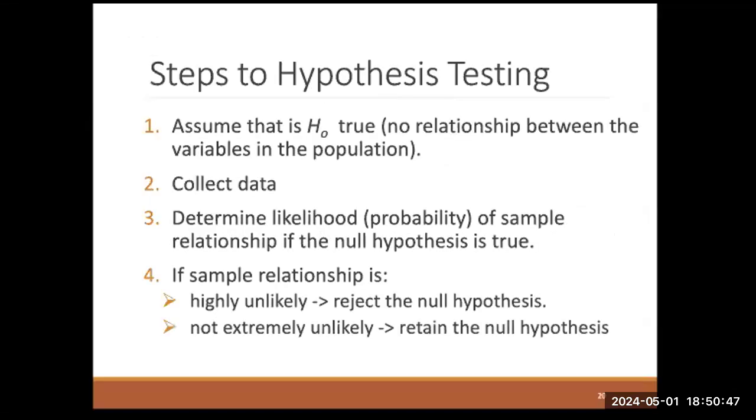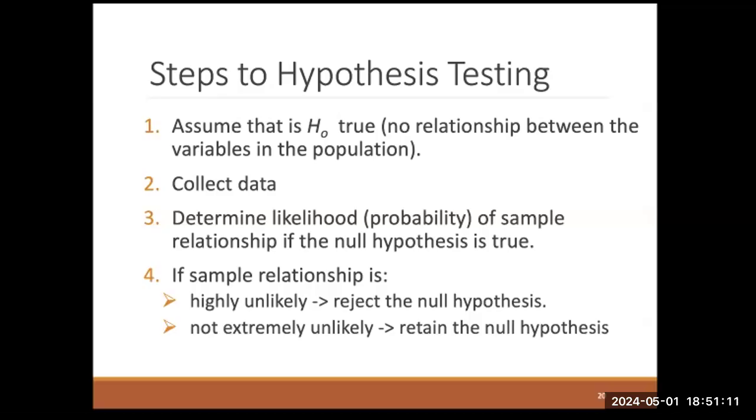When we do hypothesis testing, it's really 4 steps, right? So the first is we assume the null hypothesis is true. We are assuming that our intervention doesn't work, that there is no relationship between the variables in the population. Step 2, this is where our research design is. We design our research, we conduct the research, and we collect the data.